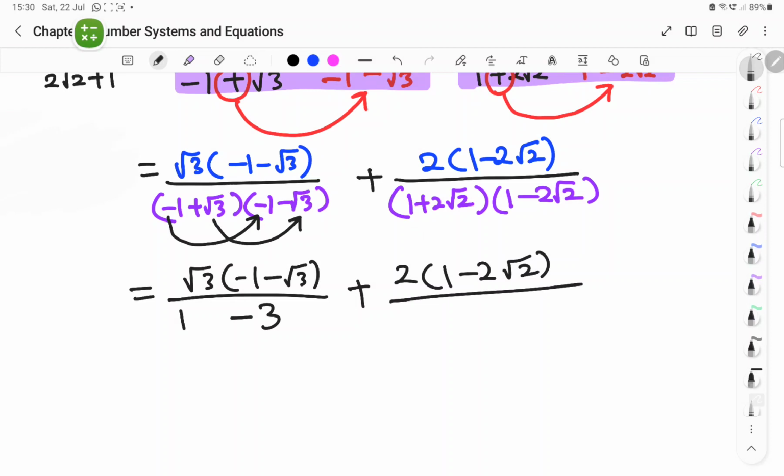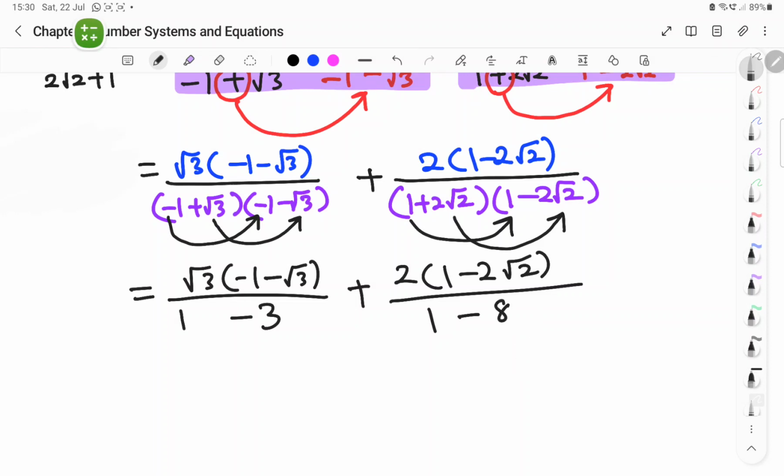Just apply what I've taught. 1 multiplied by 1 is 1. 2 square root of 2 multiplied by negative 2 square root of 2 is minus 2 square root of 2 multiplied by 2 square root of 2. We can rearrange: 2 and 2 get 4, and this square root of 2 becomes 2, so it's 8.